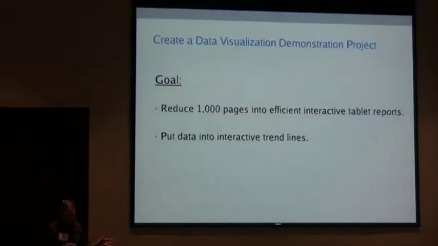So it was unsuccessful. We decided what we needed to do was develop a demonstration project to engage the different departments. And we wanted, with the goal of reducing the 1,000 pages into more efficient interactive reports, to use the trend lines so people could see much more where we've been and where we were going.